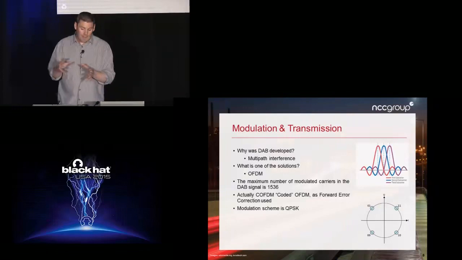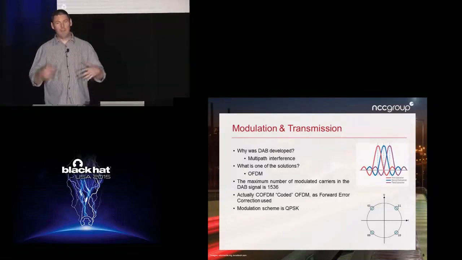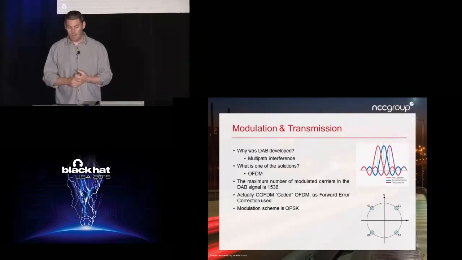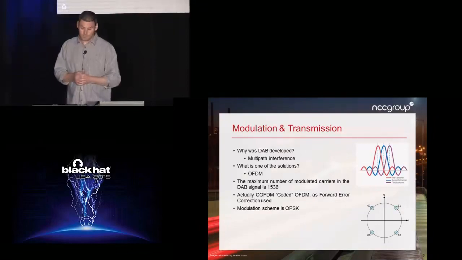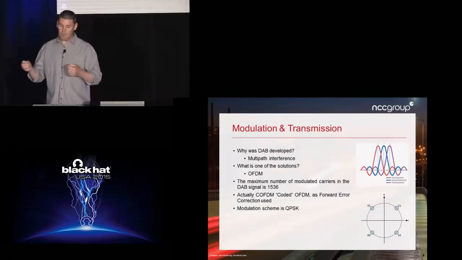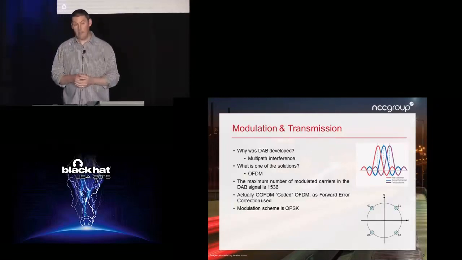It's actually a bit more complicated than OFDM. It's coded OFDM, or COFDM, because it includes forward error correction to ensure that there's better quality signal. And the modulation scheme that's used within this multiplexing approach is QPSK, which is quadrature phase shift keying.